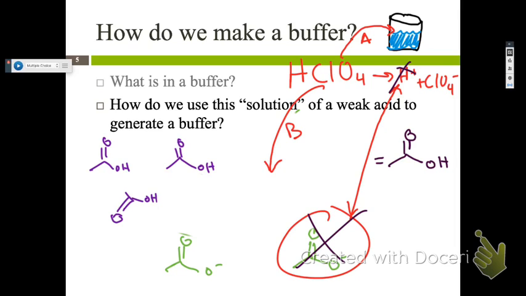So, in the top example there, we added a strong acid to water, and every molecule of strong acid releases one H+ ion. When we add it to this sample here, what happens to that strong acid, that one H+? Christina? I'm good. I have a volunteer.